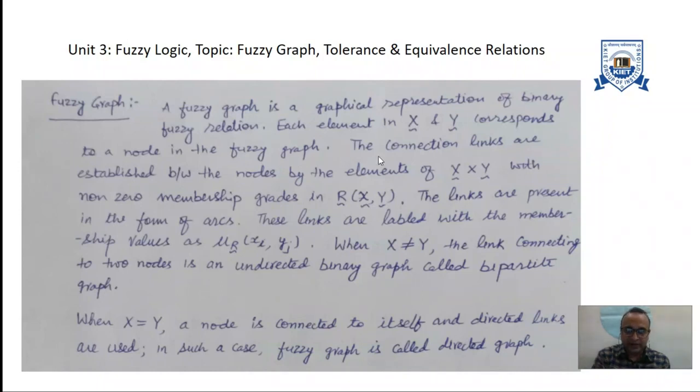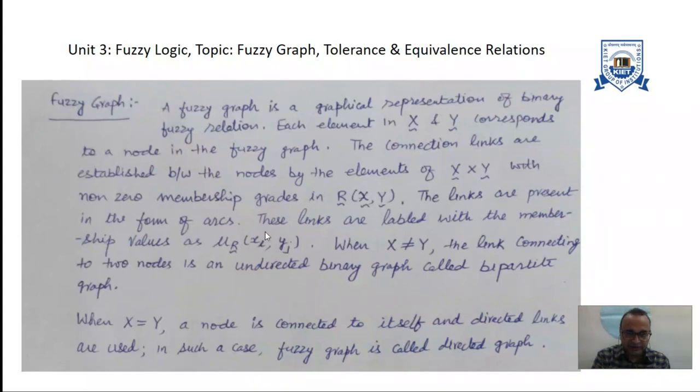On the other hand, the links between the elements of universe of discourse x and the universe of y represent the arcs, and we label the arc with the membership value of the relation. So the links are present in the form of arcs, and these links are labeled with the membership value mu R(xi, yj).